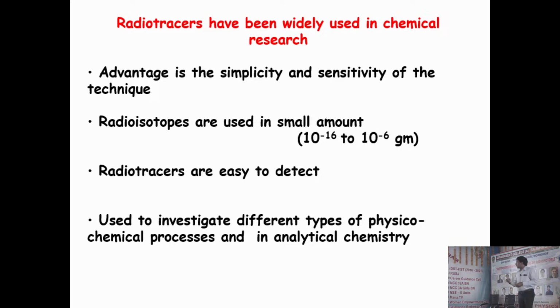Because the radio tracer and your element of interest are chemically the same, they behave the same way, and by tracking the radioactivity we can see how they are processing, how they are migrating, how they are getting precipitated. This we can all see, and because very high efficiency detectors are available now, with a very small amount, a few micrograms, or an activity of microcuries, you can do the analysis.